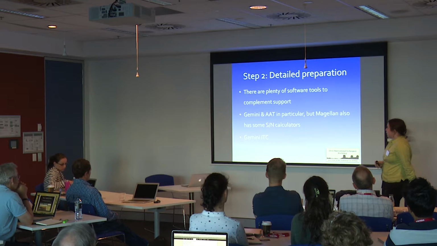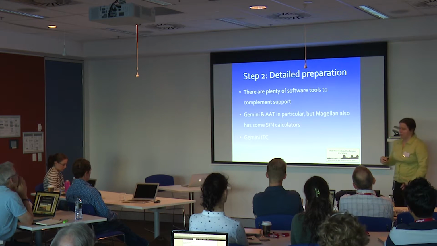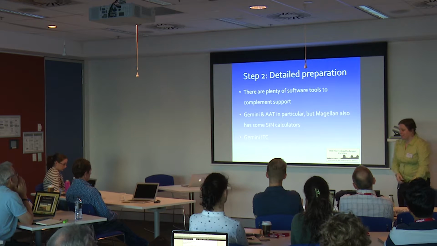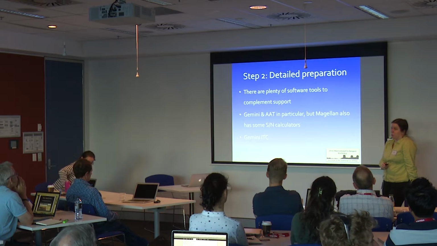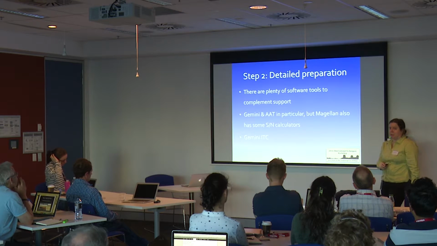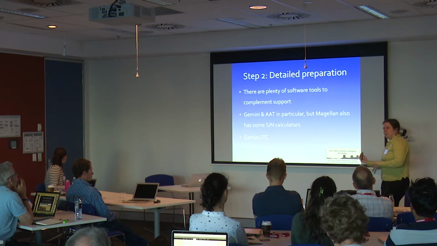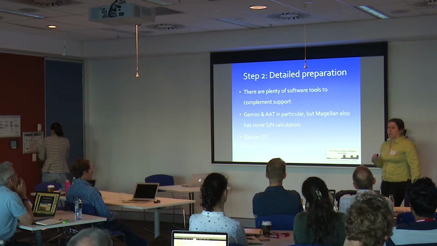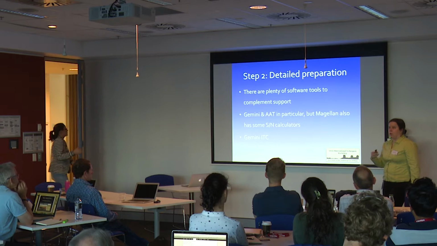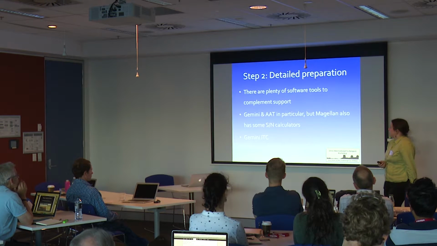So in addition to people contact and people leading you to valuable tips, there's lots and lots of software tools to complement support. And again, this is where every telescope is different, every instrument is different, and the support tools and the software tools that you're going to want will be different for those instruments as well.